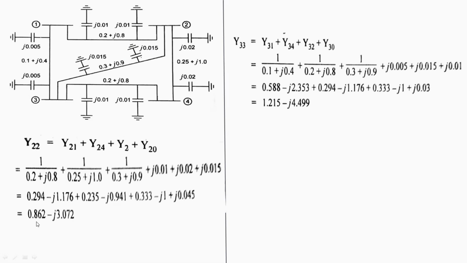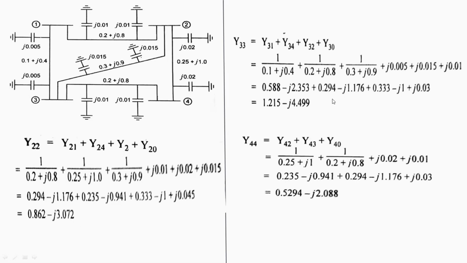Applying the values and simplifying, we get 0.862 minus j 3.072. Similarly, Y33 and Y44 are calculated, giving the self admittance values.